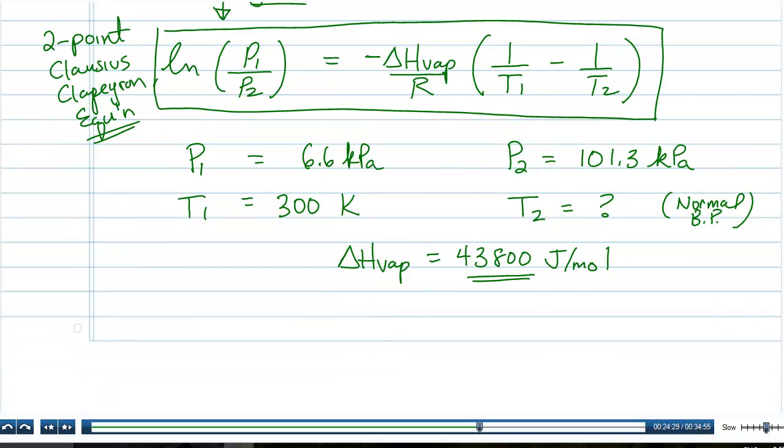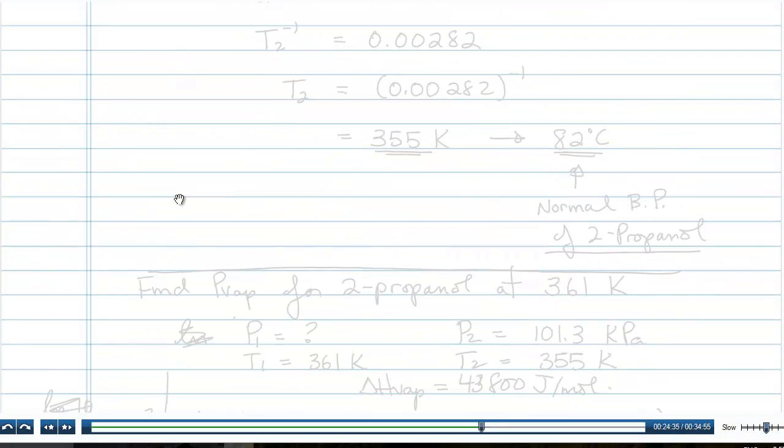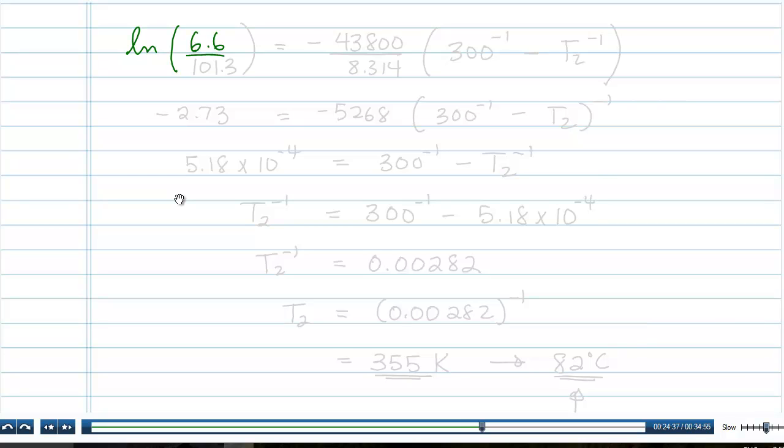So let's take what we know and put it into the equation for the 2-point Clausius Clapeyron. The natural log of 6.6 over 101.3, P1 over P2, is equal to negative 43,800 over 8.314 times... Now look at how I'm going to write this.